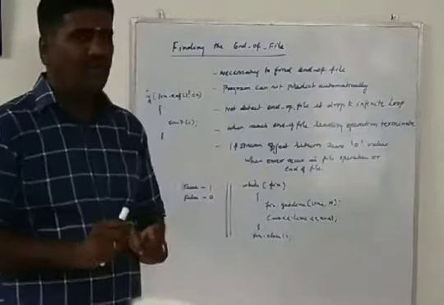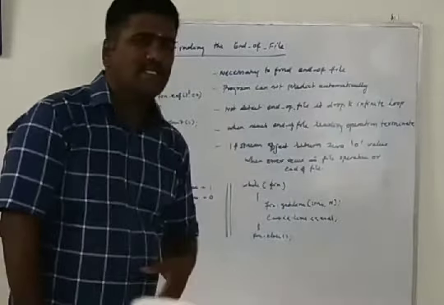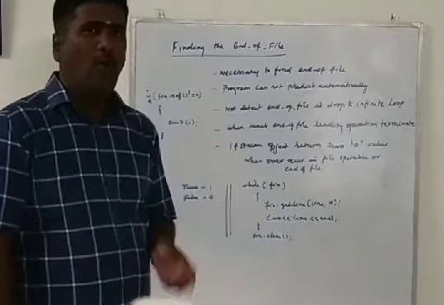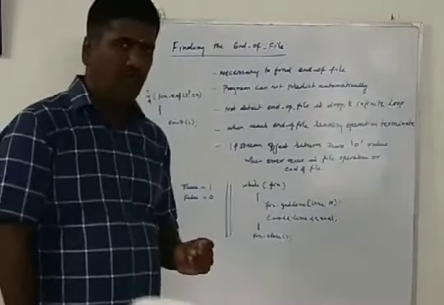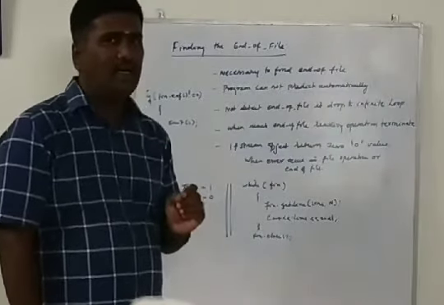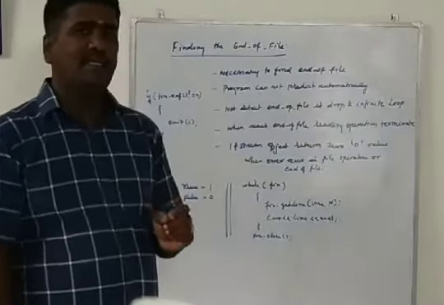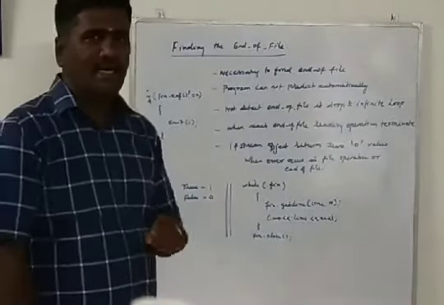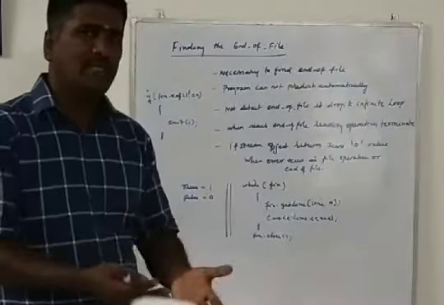So this is a very important thing. Once the fstream object returns the 0 value, it means either an error occurred in the file, or the file reached the end, meaning there is no more content to read from the file.